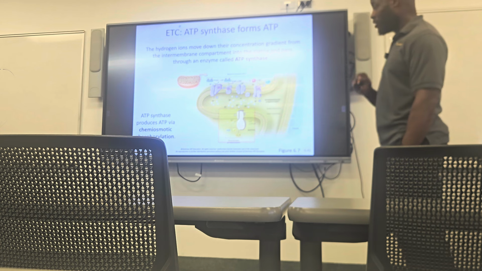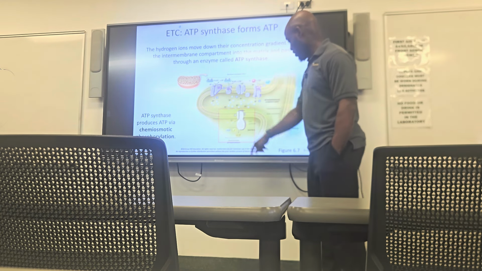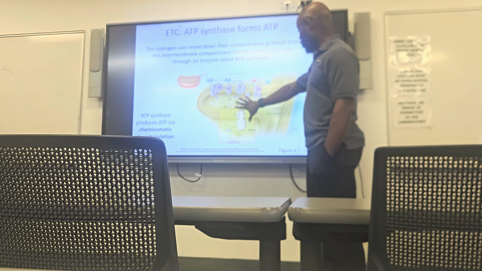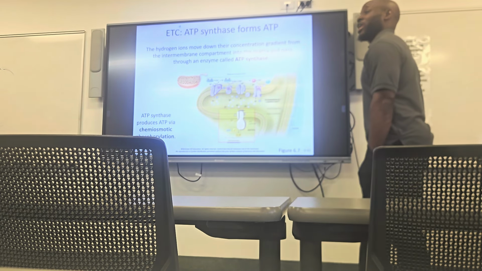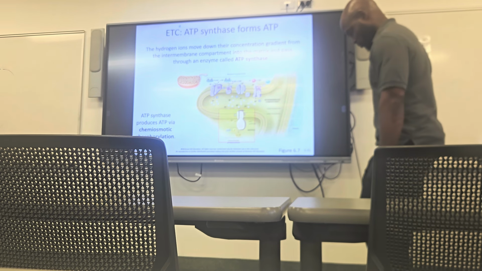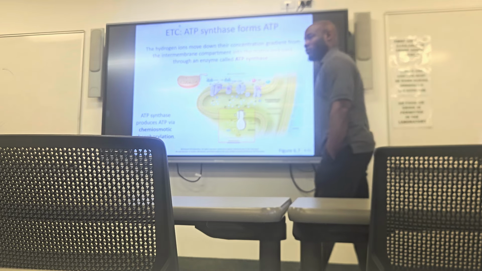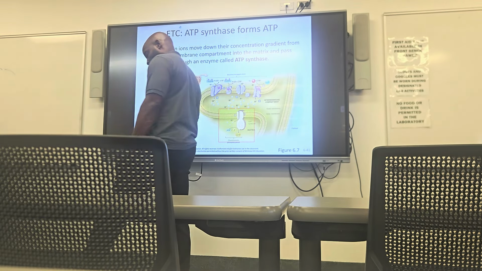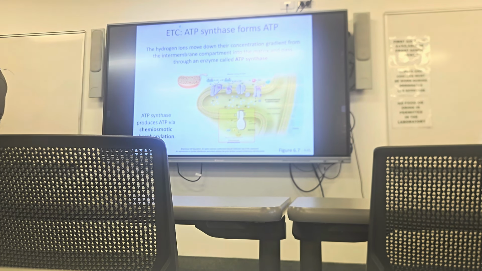Like down here, what's going on down here? Is it coming out of the membrane? This down here? Still inside. Yeah, this is all still inside the mitochondria. Yes. So the whole thing, aerobic cellular respiration, except for glycolysis, requires oxygen.